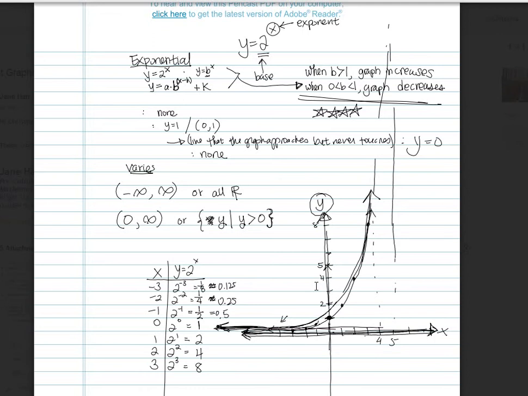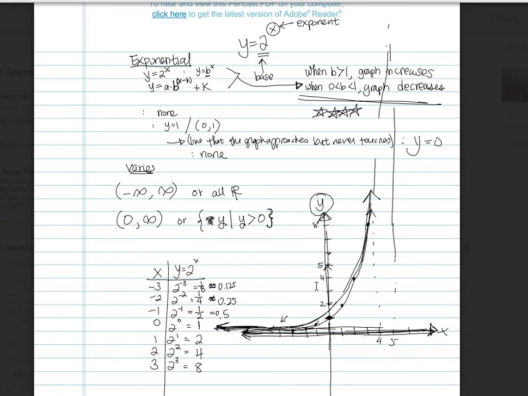So if we're going to go over properties of this equation, we know that when b is greater than 1, our graph increases. And we call this growth.